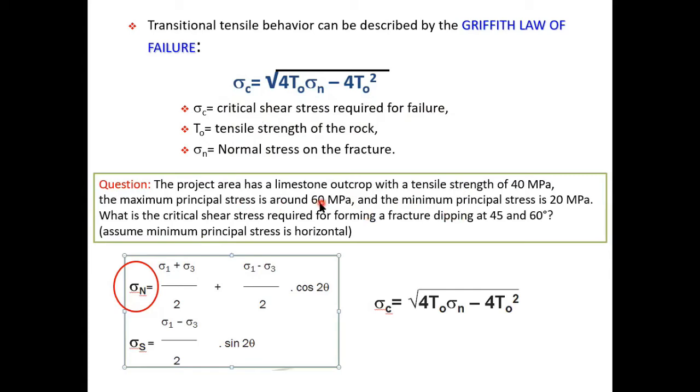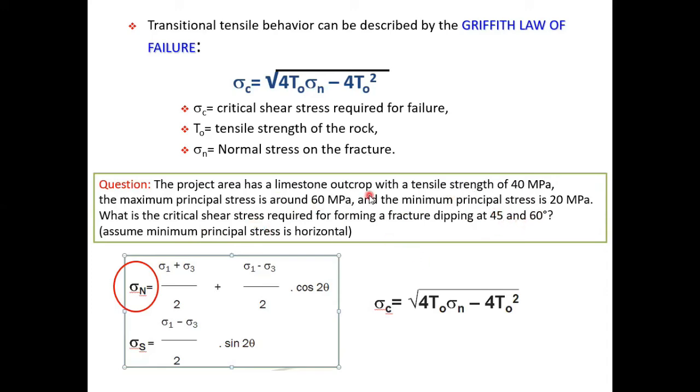And there is an example question. So in the project area, if you know the tensile strength and the minimum and maximum principal stresses, you can calculate the critical shear stress required for forming fractures at these desired dip angles.